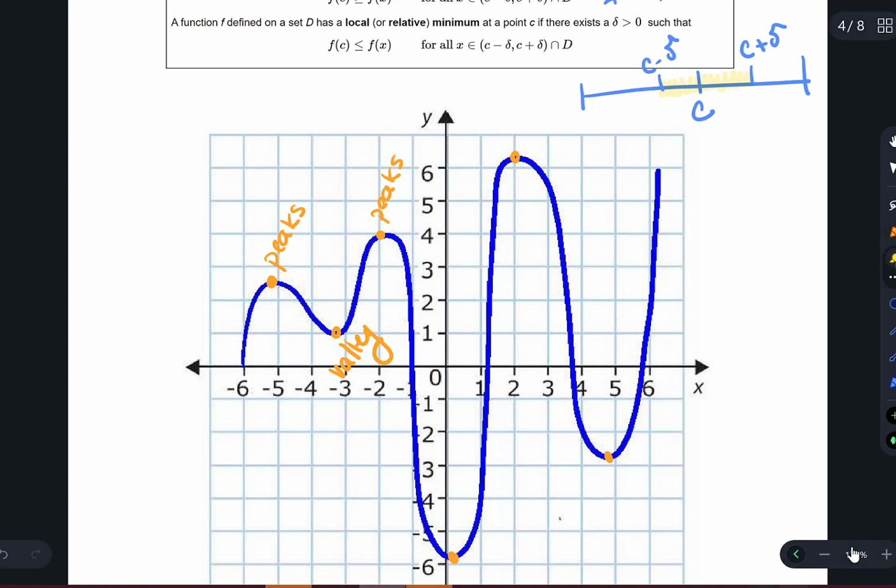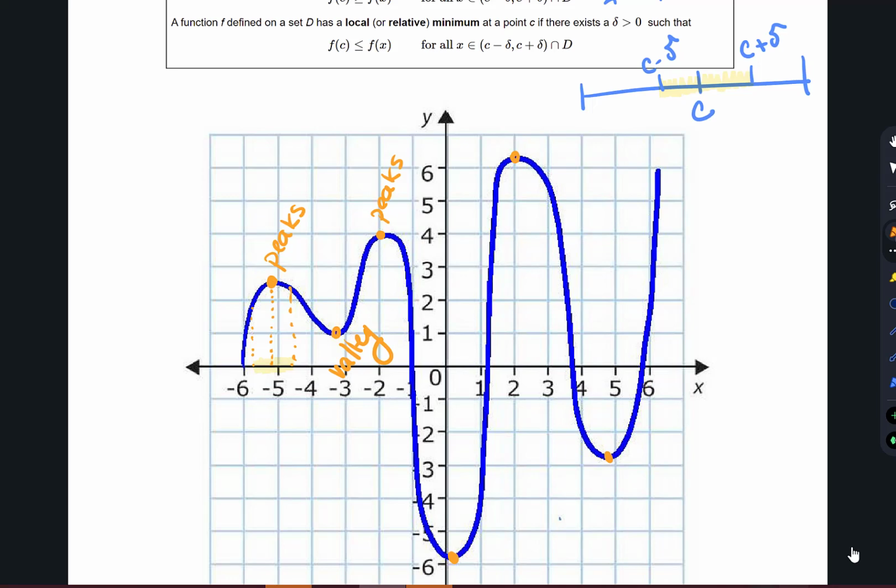And so notice I could define a region for this peak, for example. And if I define a region like this, then notice within this region, the function is the highest at that peak. Whereas all the other points within that region, the function evaluated at those points is slightly lower. So in this case, that yellow space that I've drawn there, that's a potential delta.